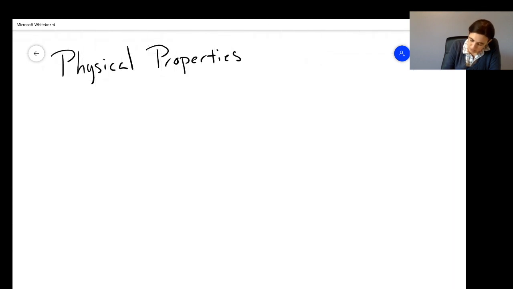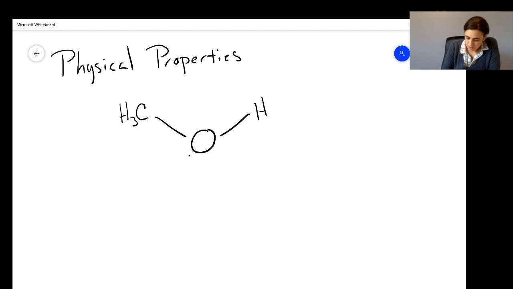So in looking at this, we're just going to start with a simple alcohol. We'll start with methanol. One of the key things to note about alcohols is that the oxygen is much more electronegative than either of the atoms it's attached to. So this will create dipoles in the molecule, which pull electron density towards the oxygen and away from the hydrogen and the carbon.